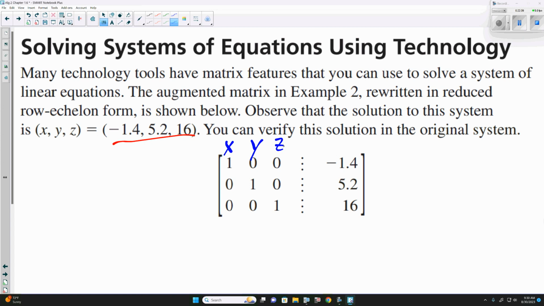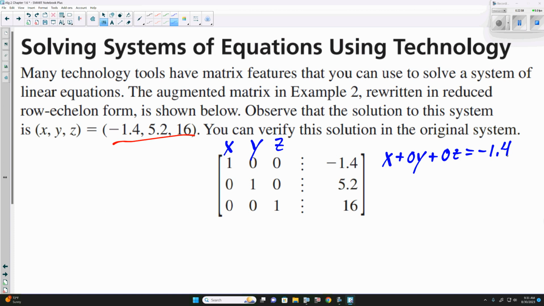So what the first one is telling us is that I have 1 times x plus 0 times y plus 0 times z is equal to negative 1.4. But really, what do we have? We have x is equal to negative 1.4.